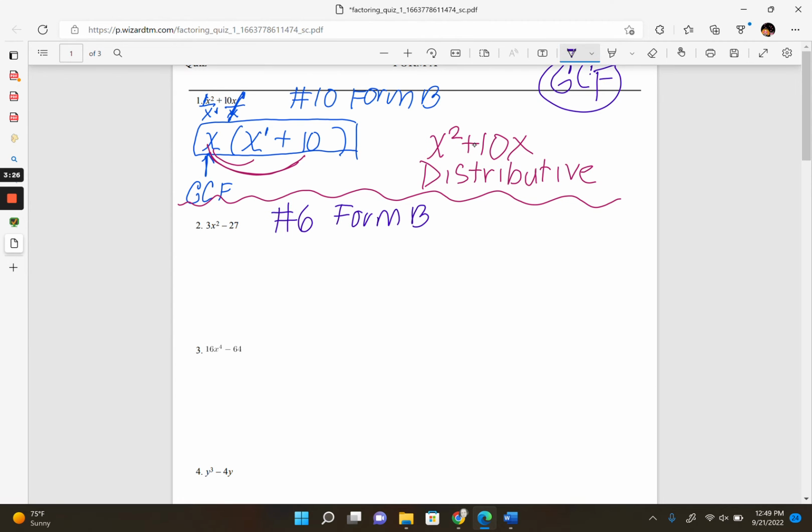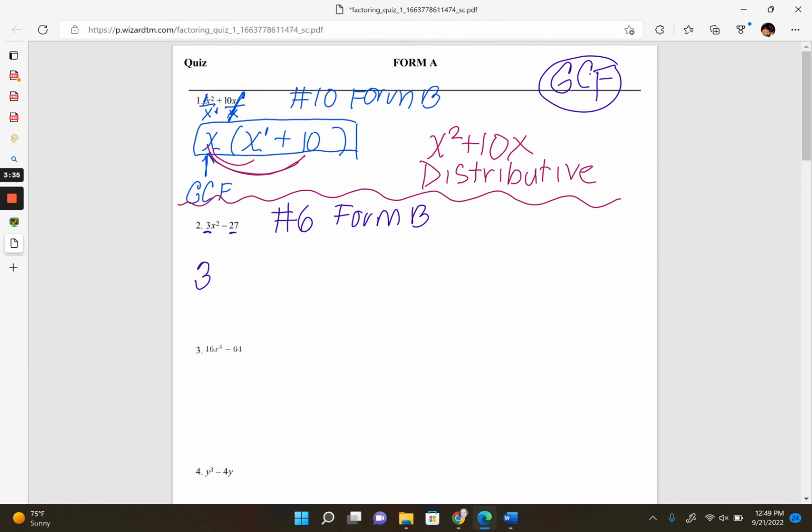What's the GCF between 3 and 27? 3. Remember, if you're not able to get the GCF easily on your own, we did a math GCD tool, and we put in 3, 27.